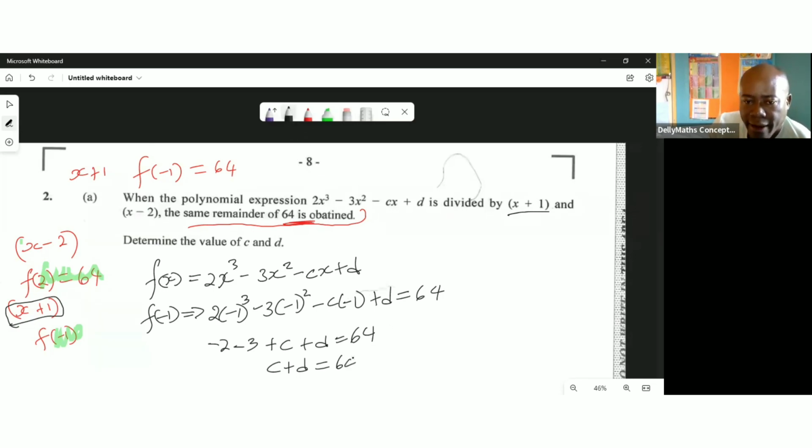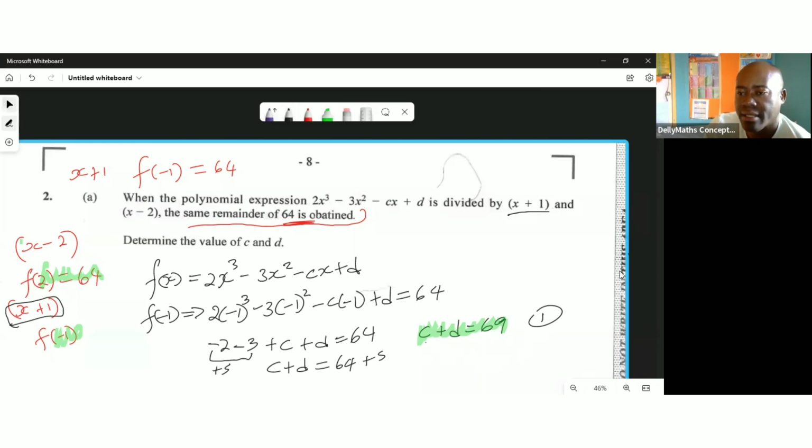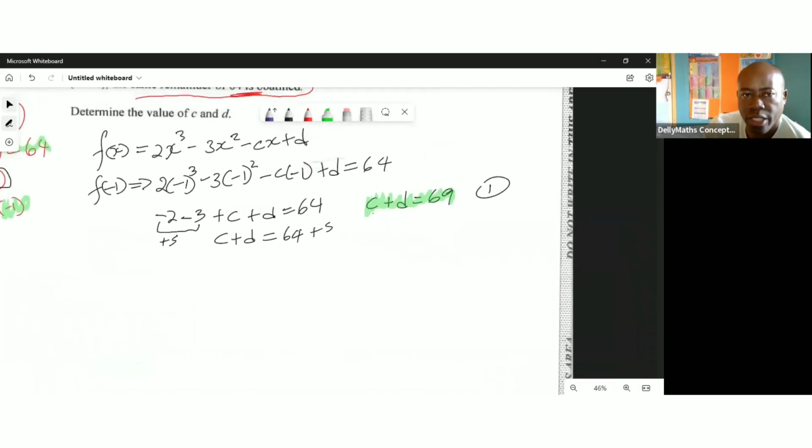I'm going to be adding 5 to both sides because this is a -5. So c plus d is equal to 69. We're going to hold this as one of the equations that we're going to be using to go forward.